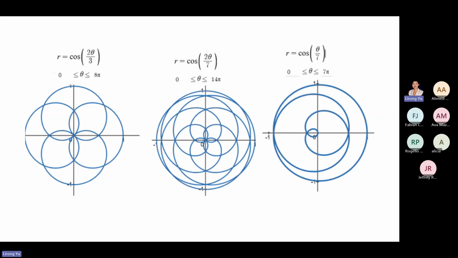Another thing is that to see the entire picture, you need to have a bigger range. We cannot do 0 to 2 pi, because if you only graph these functions between 0 and 2 pi, you only see a really small part. For example, for the middle one, to have the entire image of symmetry, you have to go from 0 to 14 pi, which is 2 times 7, 14 pi. For this one, I went all the way to 8 pi.